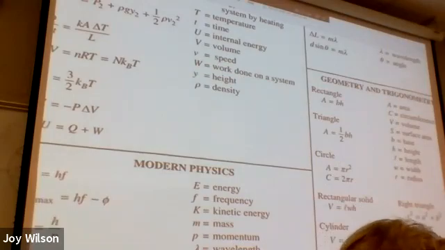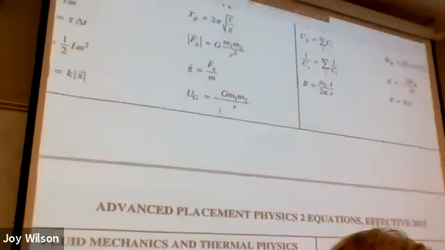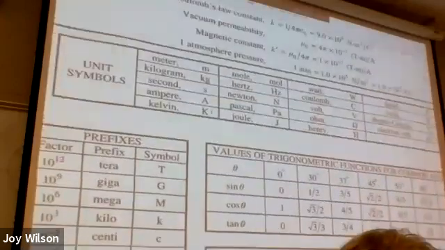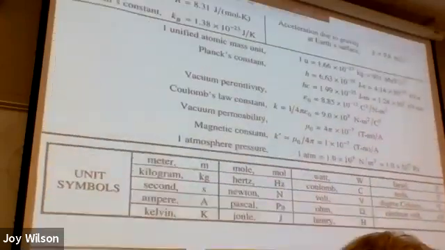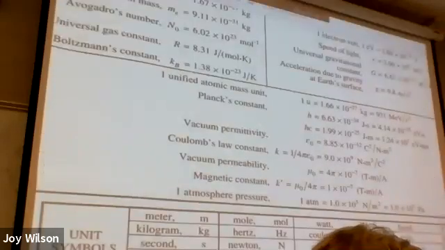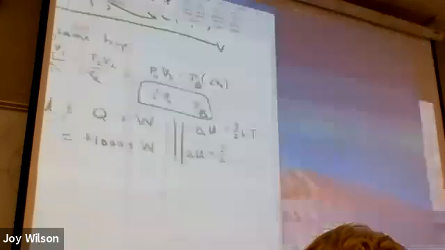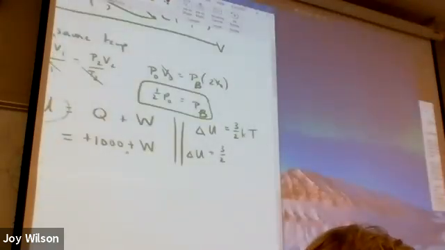So it has k_B, so that means it's a constant, which means I have to scroll back up here and find the constant. Hey, there it is. 1.38 times 10 to the negative 23rd joules per Kelvin. Okay, but this is 1,000.